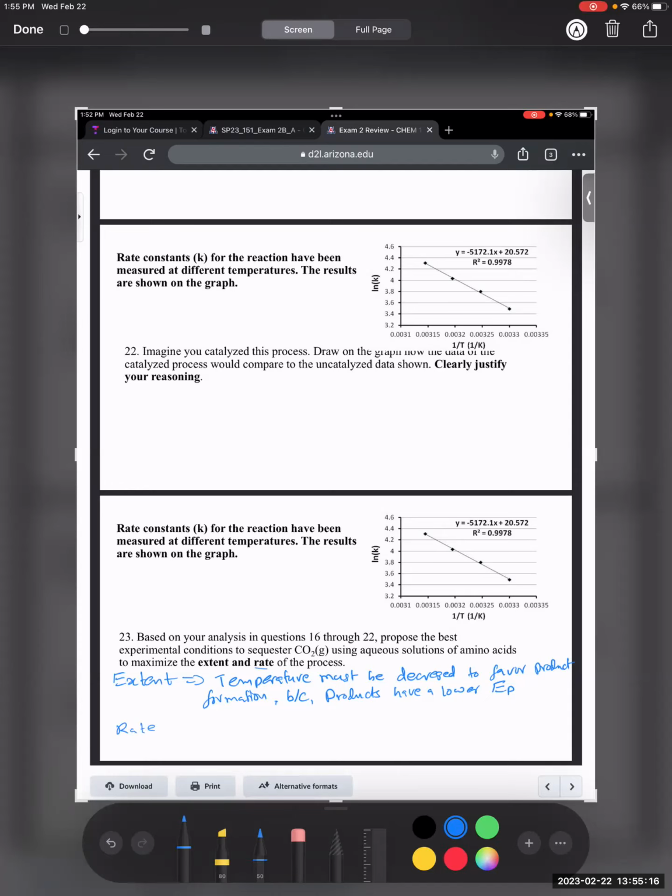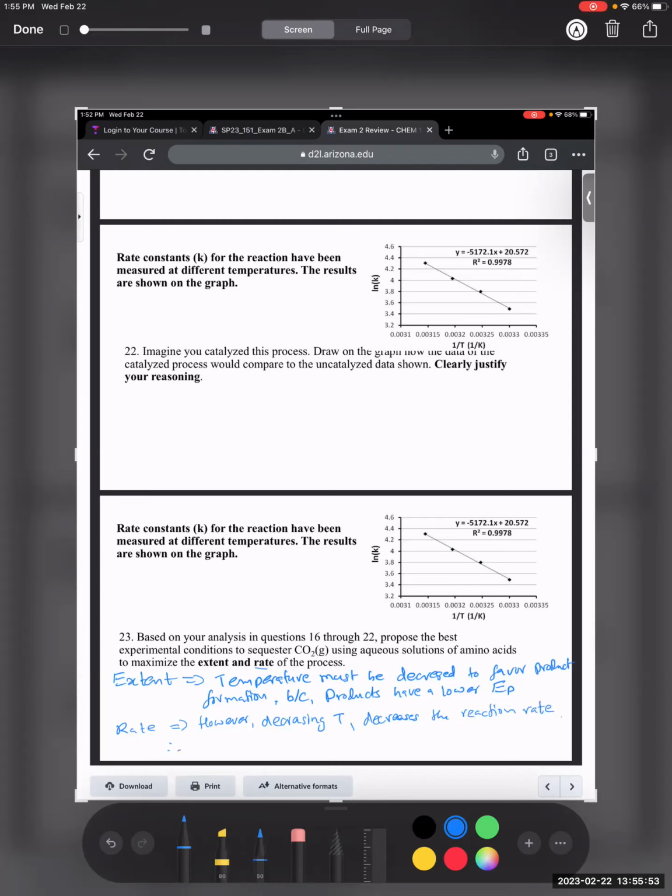However, let's write that: decreasing T decreases the reaction rate.